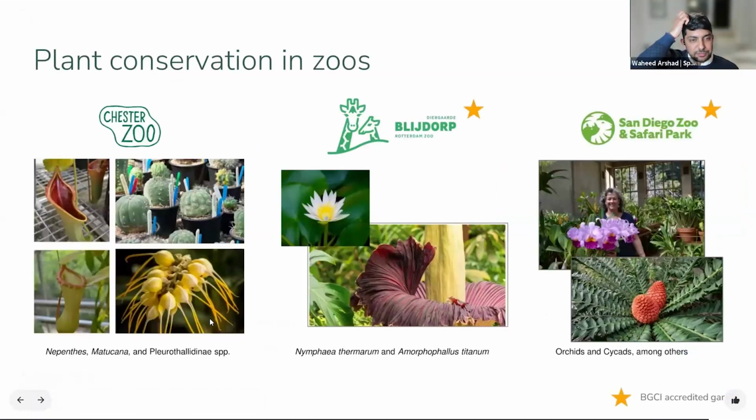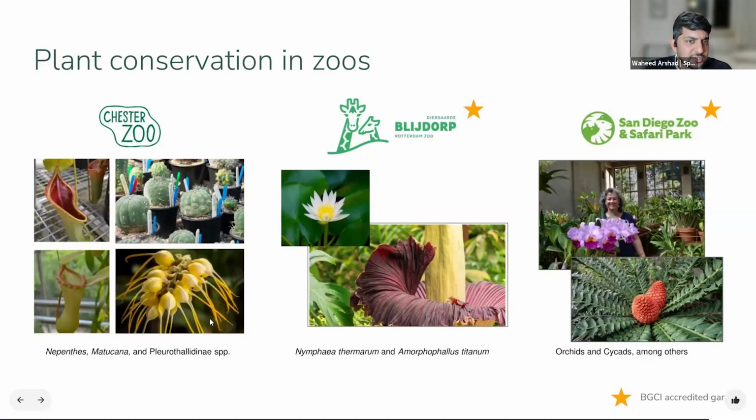Yeah, I just wanted to mention that our aim is to support the whole community of zoos, aquariums, and botanic gardens, and no matter your expertise level, we want to cater for everybody. This is just to showcase some examples of zoos who have very important collections of plants and who do a lot of conservation work as part of the animal conservation.